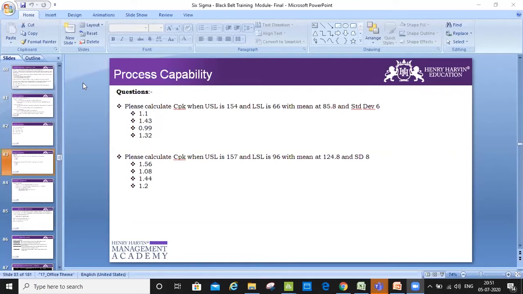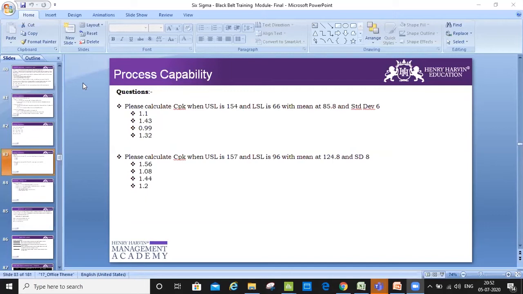Nothing to do in that case, really, because we are doing a project to improve that only. CPK tells you the actual performance, and we already knew that the process performance is not good enough, and that's the reason we're doing a project. Likewise, when we calculate the sigma level, we don't do anything. We just mention what the sigma level is. Similarly, whatever CPK we calculate, we will just stick to it.